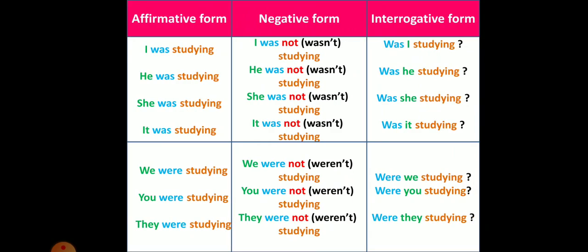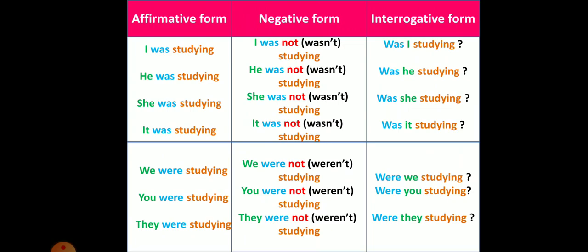The past continuous forms. The affirmative form is I was studying, he was studying, she was studying, it was studying, we were studying, you were studying, and they were studying. The negative form is I was not studying or I wasn't studying.